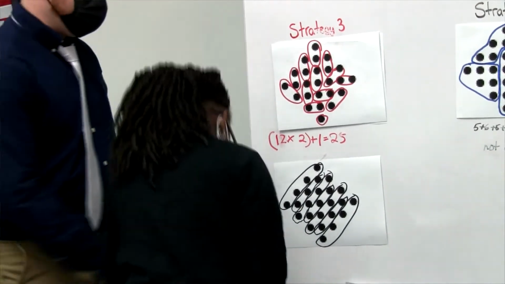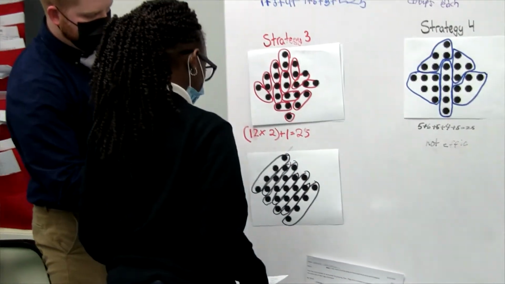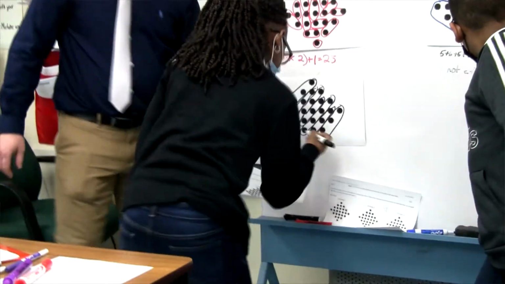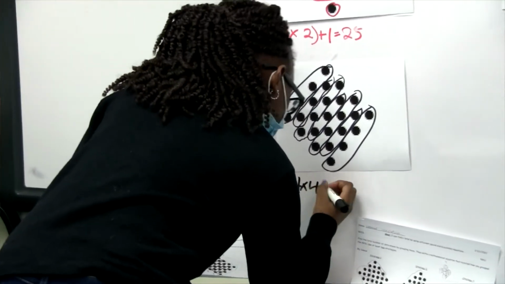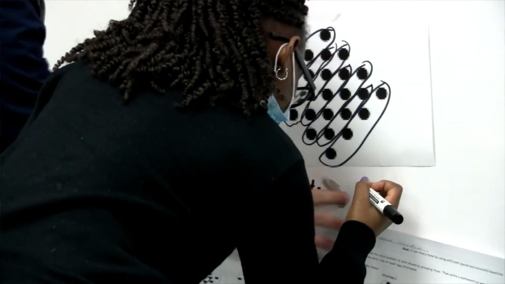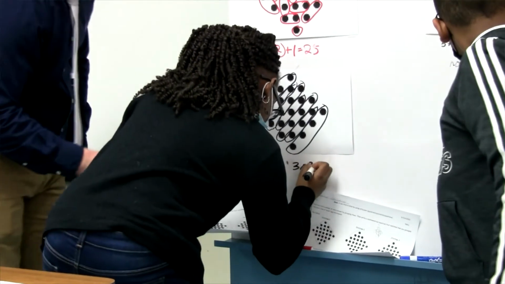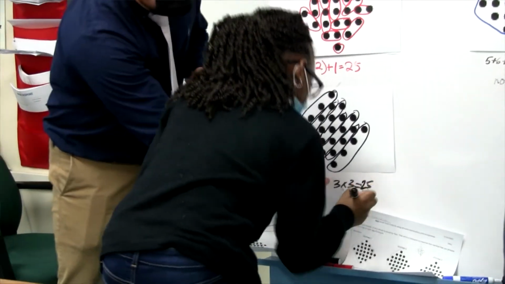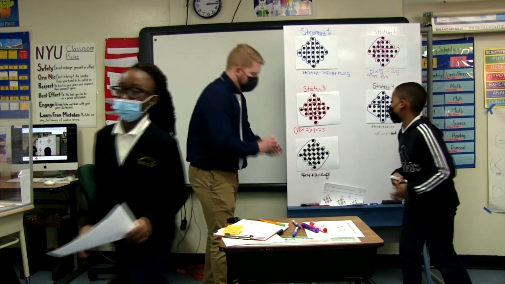All right, Umu, write your equation to match. 4 times 4 plus 3 times 10. Yep. Thank you guys for your patience. Can't rush this magic. This thing isn't working that well. 4 times 4 plus.